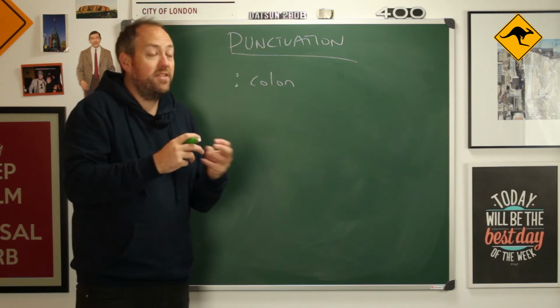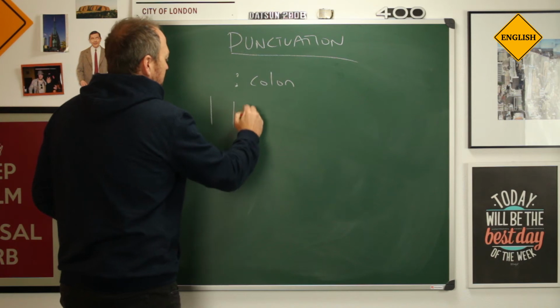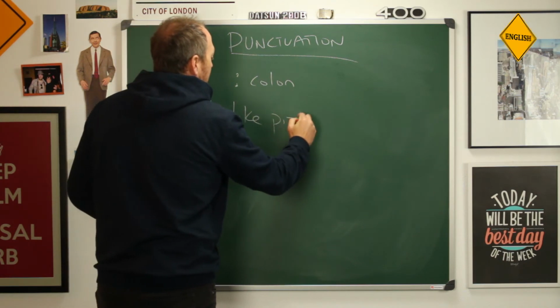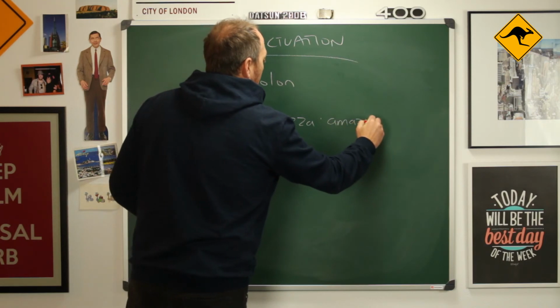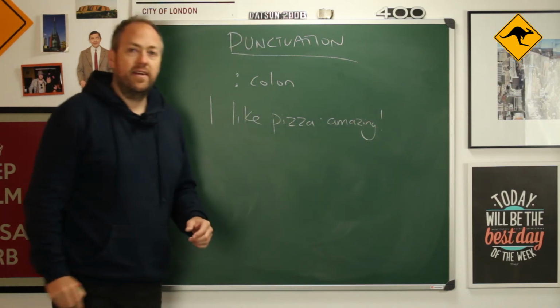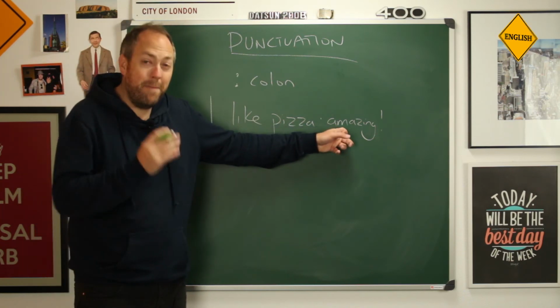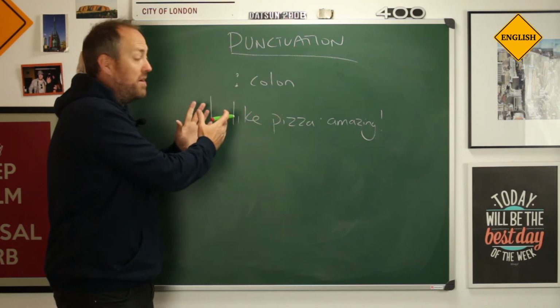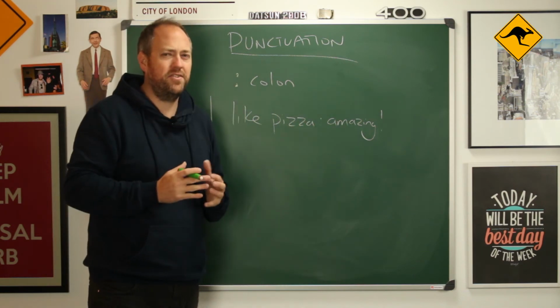But again, we use it so that we don't have to repeat the subject. So, for example, I like pizza: amazing. Okay, so we can use the word amazing without repeating the subject. But we just have that sense that they're very strongly linked when we're reading the text in our mind.